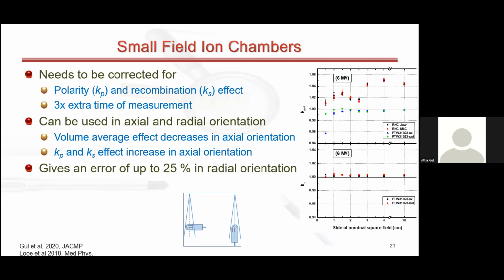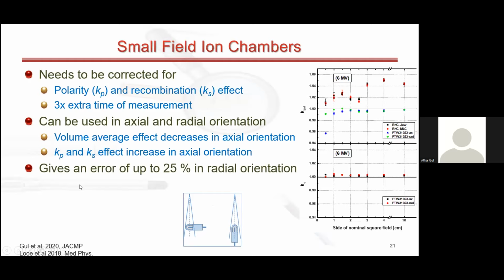In radial orientation, it presents a larger size to the beam, but in axial direction, it presents a smaller size to the beam, therefore the volume averaging effect is decreased.